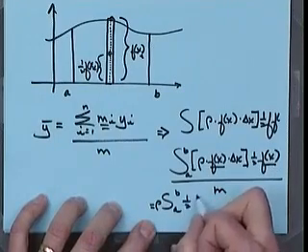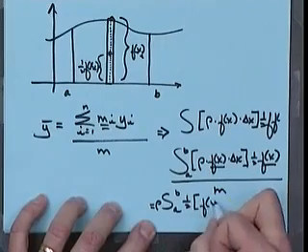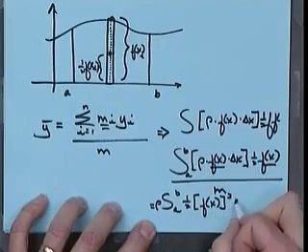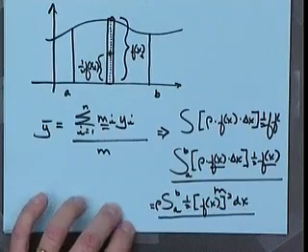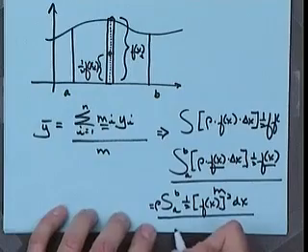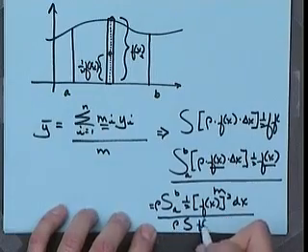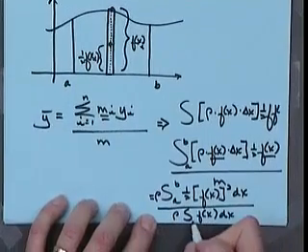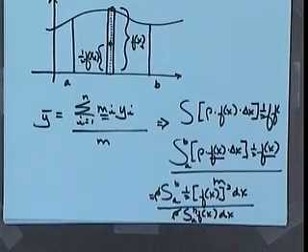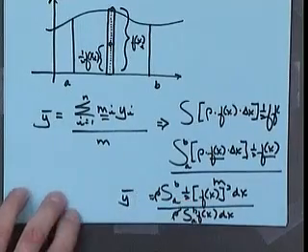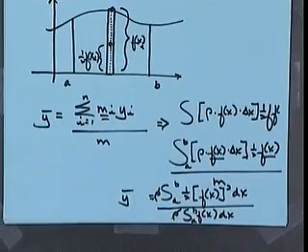You could take the half out. The denominator is the mass of the whole region. Take the area under the curve, multiply it by the rho value. You have the same rho value in the numerator as you do in the denominator. So this is the center of mass as far as the y value is concerned.